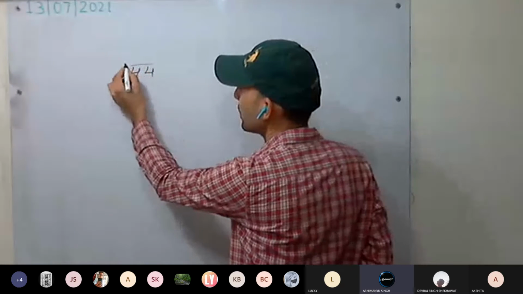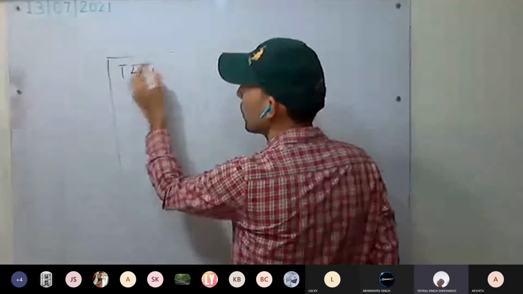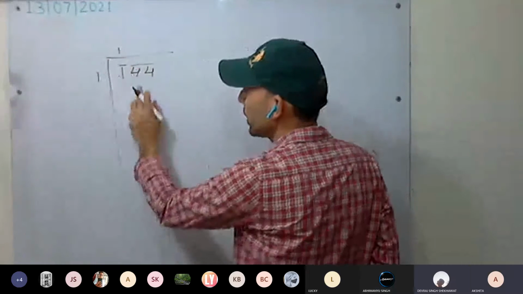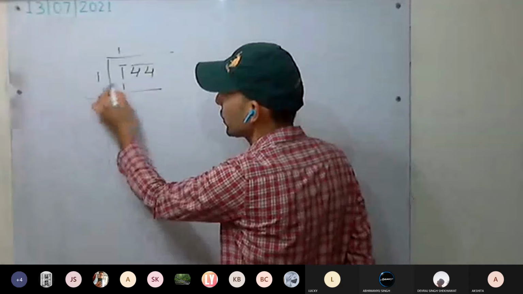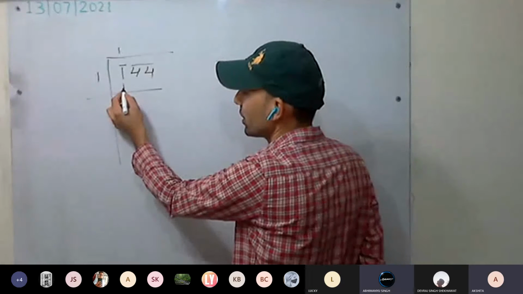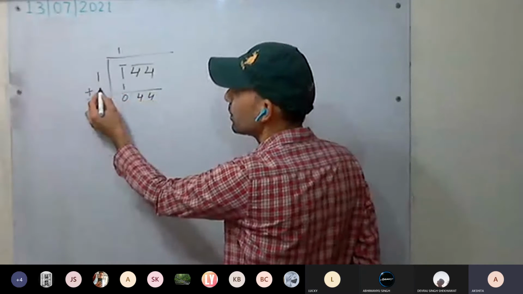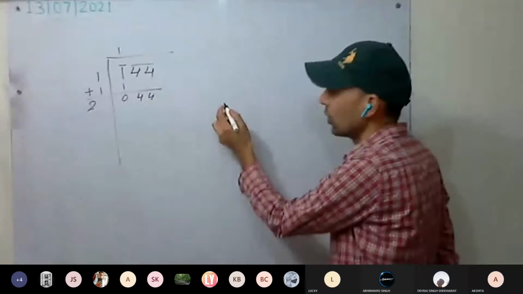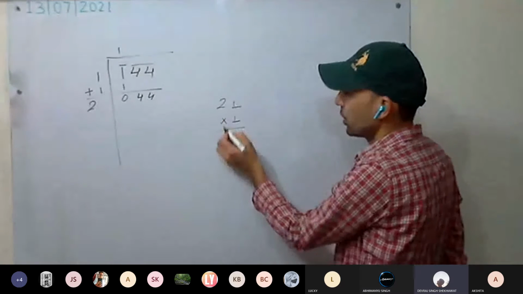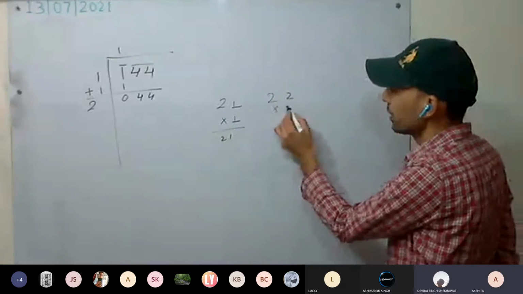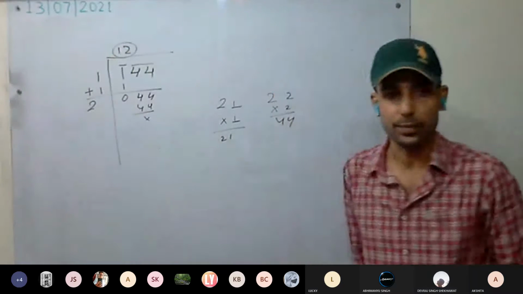Form pairs of digits, 1 and 44. Take the number whose square is less than but nearest or equal to 1. 1 squared is 1. Subtract, we get 0. Bring down 44 here. Then add 1 plus 1, which is 2. Now we need a digit next to 2 such that 2 times it gives 44, that is 22 times 2 equals 44. So 12 is the square root.